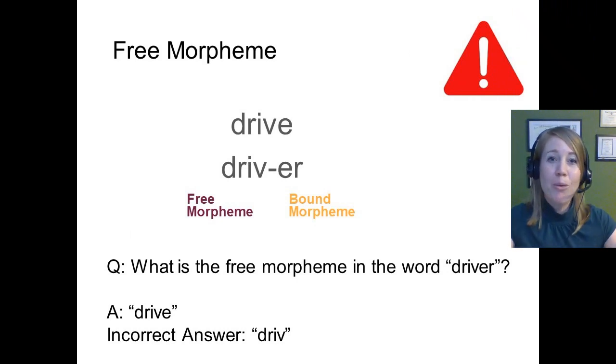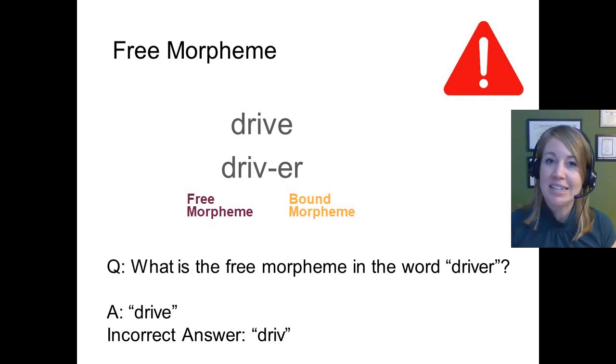I want to give you a couple warnings before you go into the next exercise. Free morphemes. Okay, so in the word drive, the free morpheme is drive and the bound morpheme is er. If I ask you the question, what is the free morpheme in the word driver? The correct answer per the test and per what I'm telling you is drive, D-R-I-V-E.